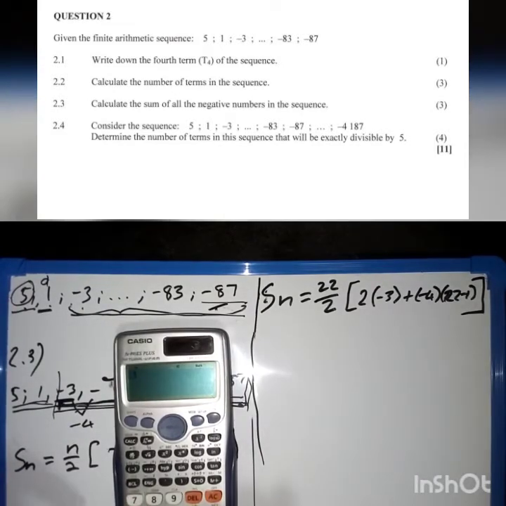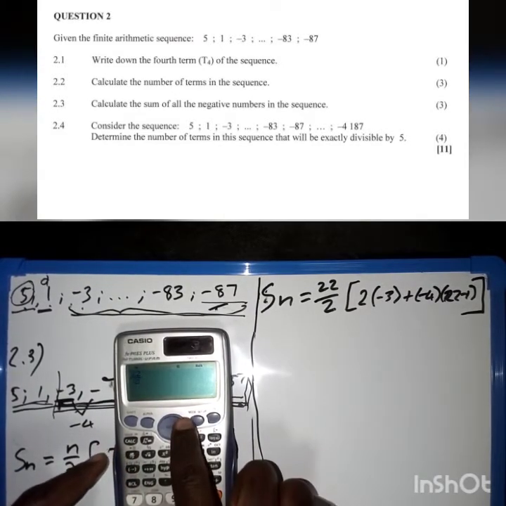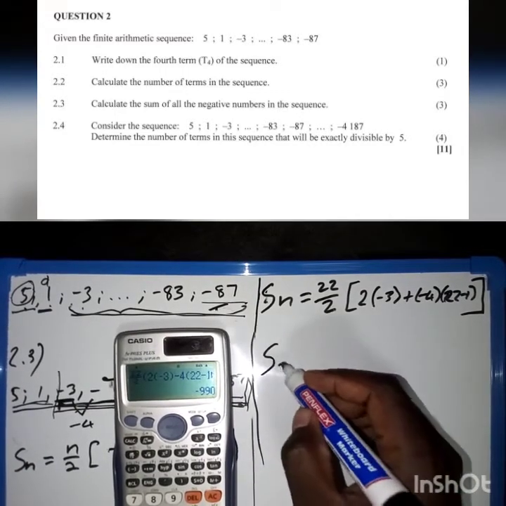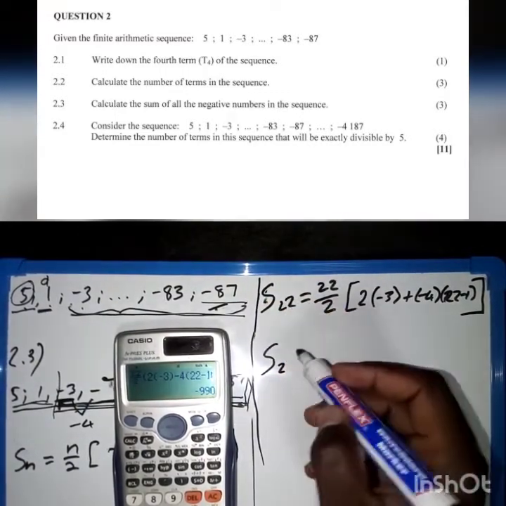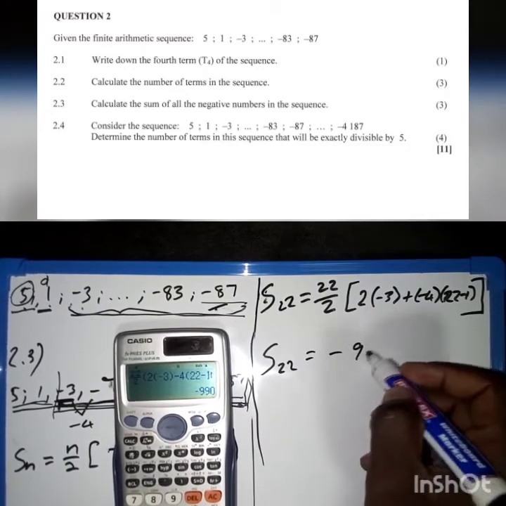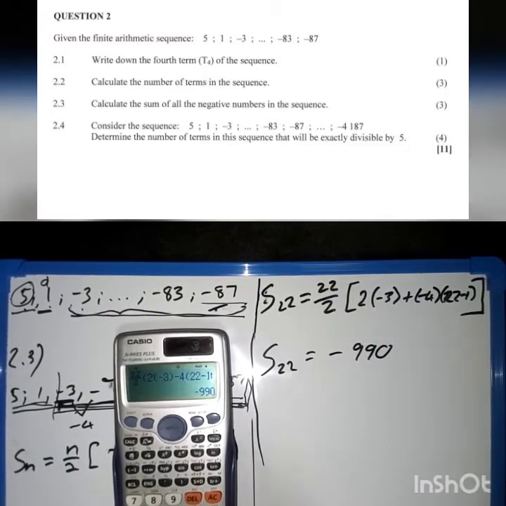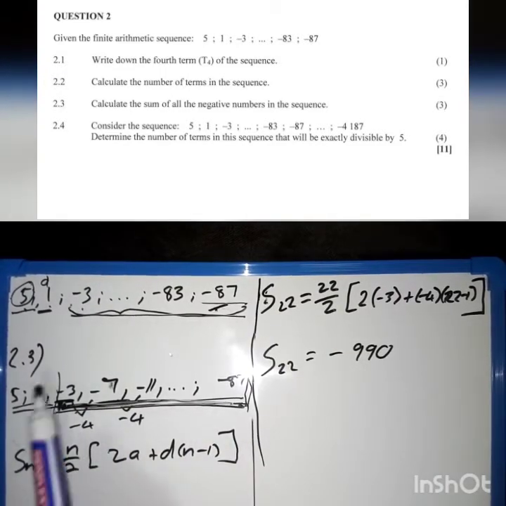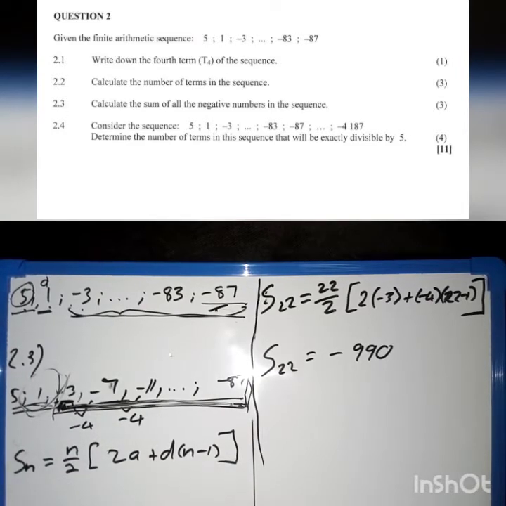So we'll have 22 divided by 2, and then 2 times -3, minus 4 times (22 minus 1), and our answer, S22, will be equal to -990. So that will be the sum of the negative numbers. So basically, you start counting from the -3 and you ignore these two this side.